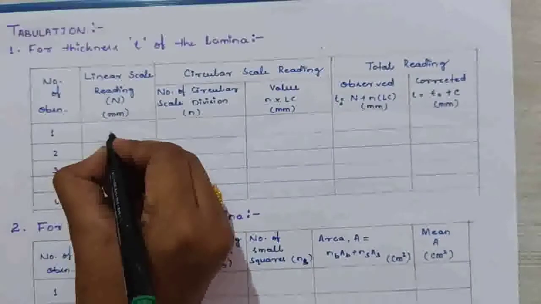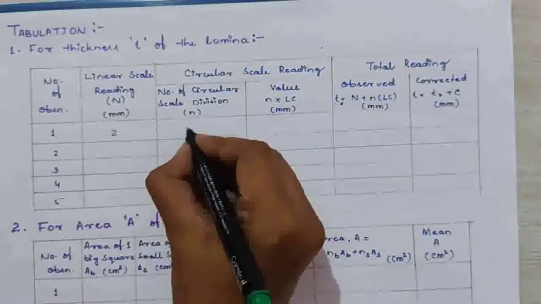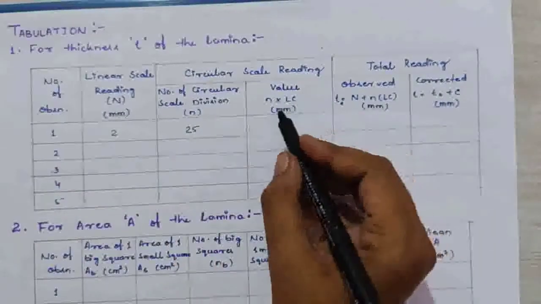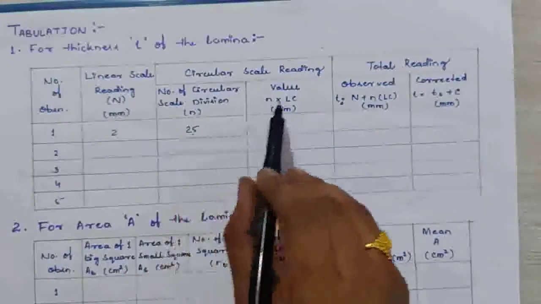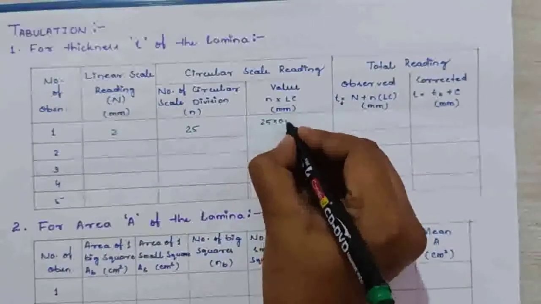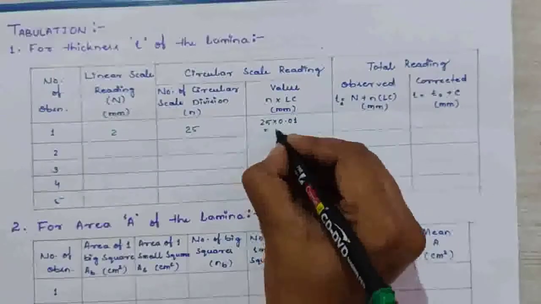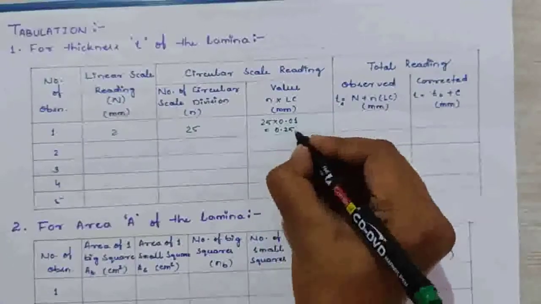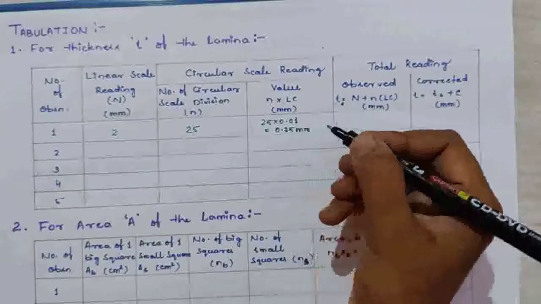So here we can write it as 2 millimeter, and this is coming as 25, and here we have to multiply this with the least count, that is 25 into 0.01 millimeter, that will be 0.25 millimeter.